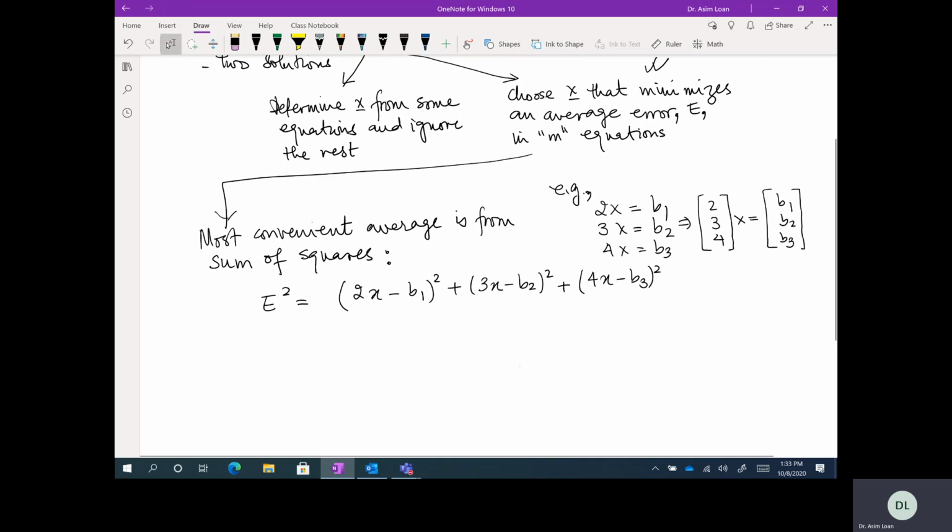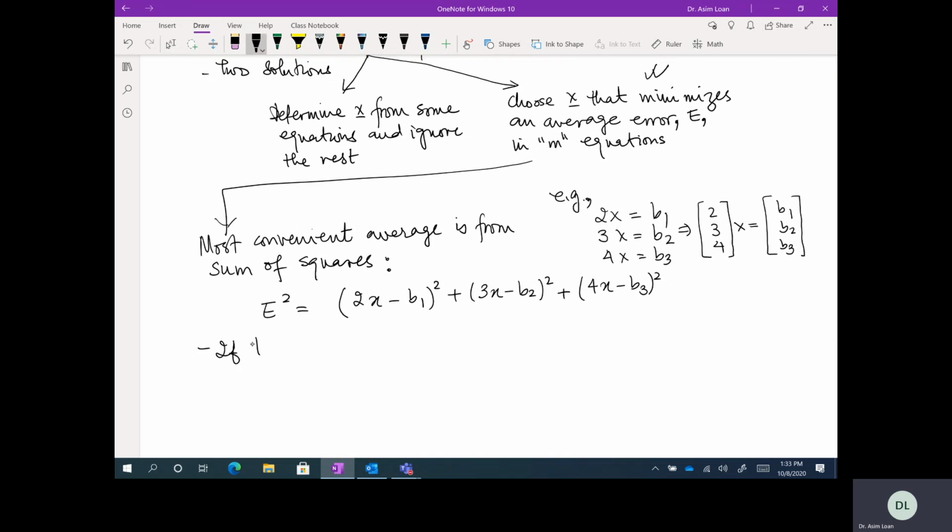If there is an exact solution, then E is 0.